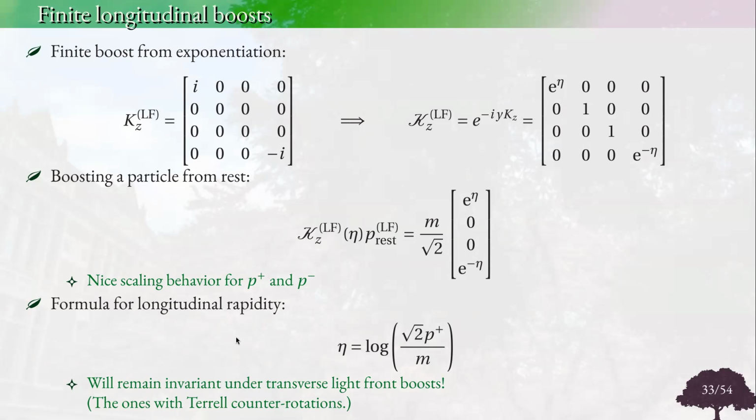Typically, people mean the infinite momentum frame as one in which P plus is infinite. You just take eta to infinity here, and then e to the eta becomes infinite, e to the minus eta becomes zero. So you can describe things in terms of the infinite momentum frame by starting with light front coordinates, just as you can start from instant form coordinates, but you can work in any reference frame.